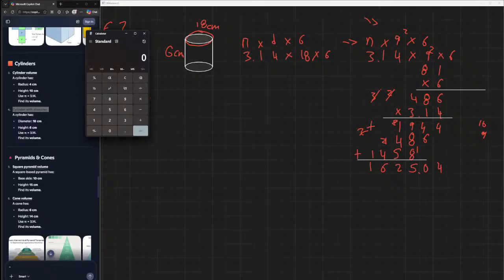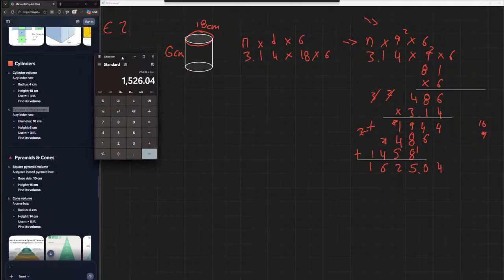Alright, so 3.14 times 81 times 6 is 1526.04. Now I'm not sure if it's going to be this one, so this one is equation 4.